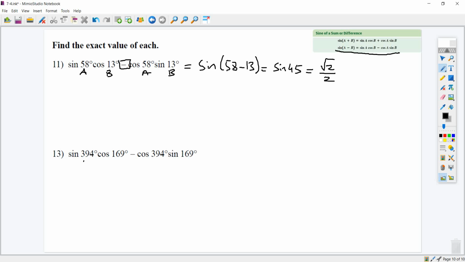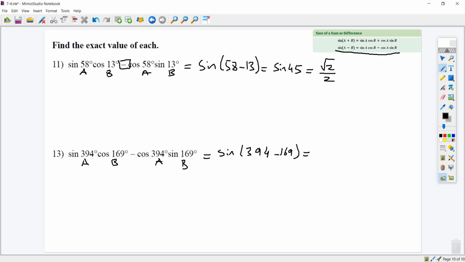Similar stuff. A, B, A again, B. And it's like sine A times cosine B minus cosine A times sine B, which is definitely again the second formula because of the negative sign in the middle, the subtraction sign. So this is going to come up with 394 minus 169.